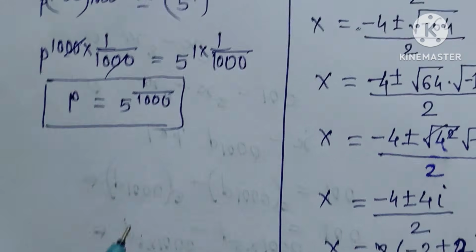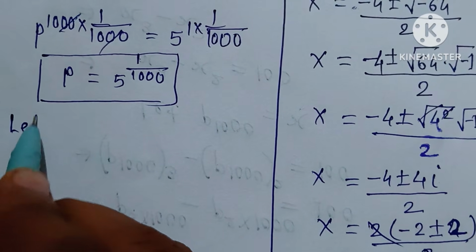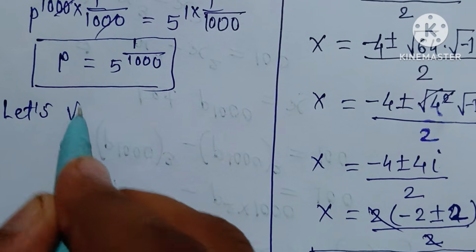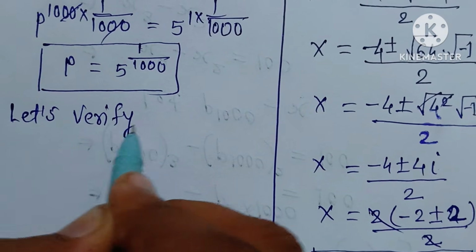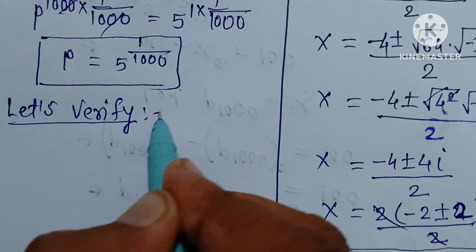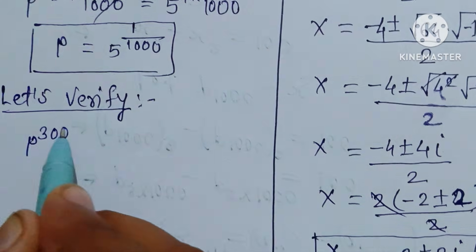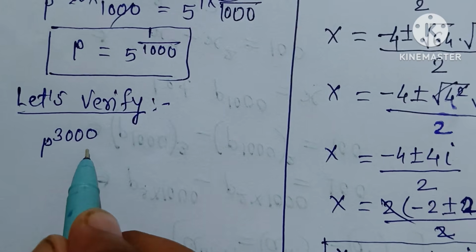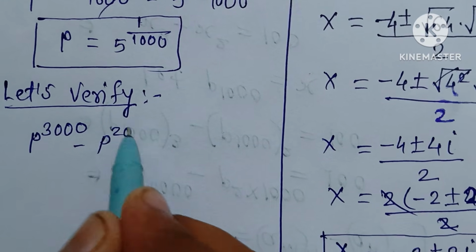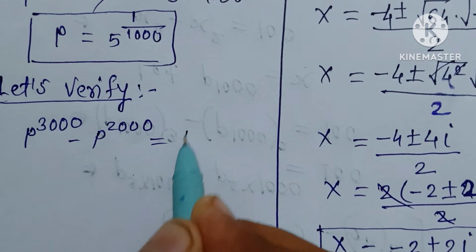Now let's verify. p raised to power 3000 minus p raised to power 2000 is equal to 100.